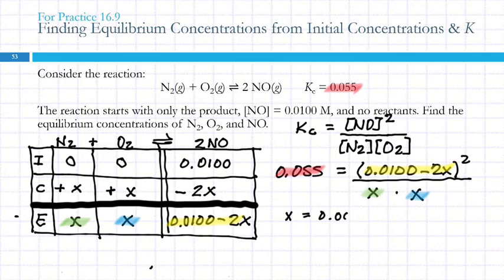Calculator is saying it's 0.004475. Too many sig figs. It's okay. Anybody else get that? Well, I'll assume I'm right then.